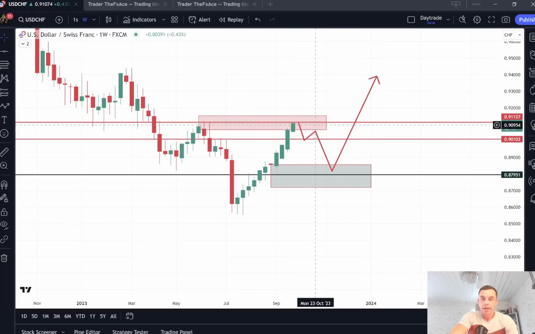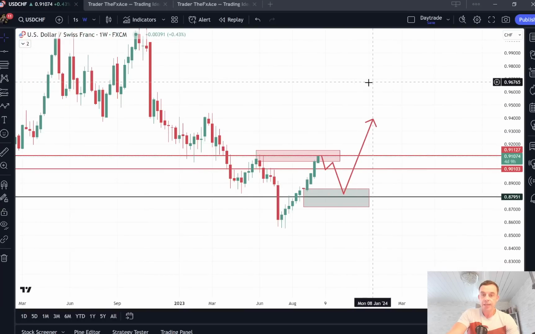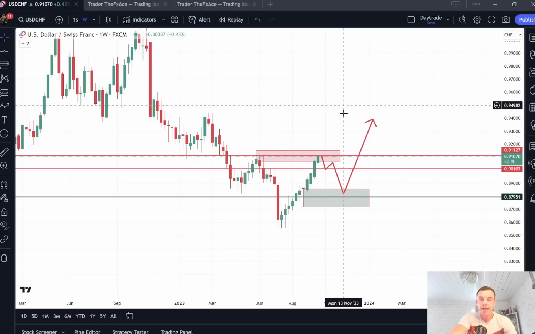So I do see this pair selling off this week over the next few days. Again, my trade setups are weekly swing positions, which means I've entered this trade today and the position will be closed by the end of the trading week.